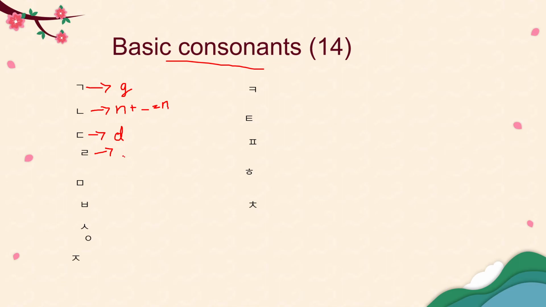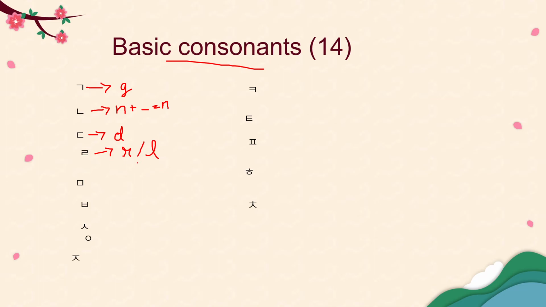This one has the sound of r and l. Koreans do not pronounce this r, but beginners pronounce it. But in some words it has the sound of r. There are particular words in which, at a particular placement, it has the sound of r, not all words with this basic consonant.